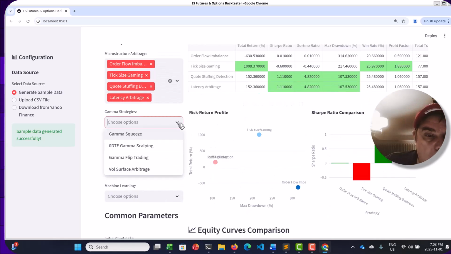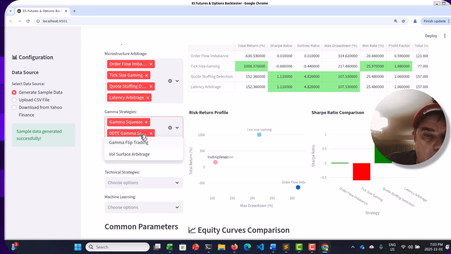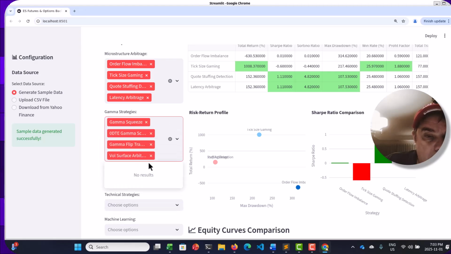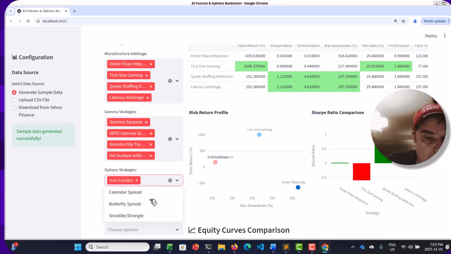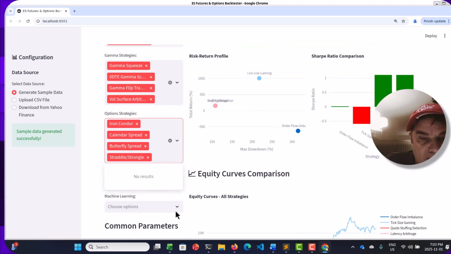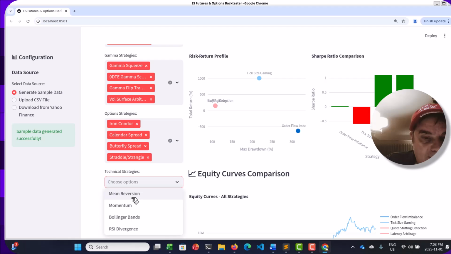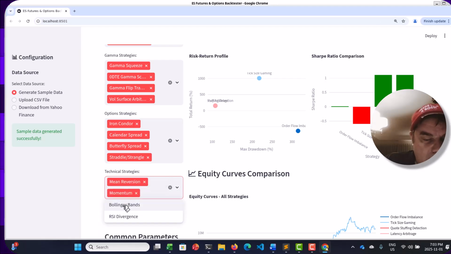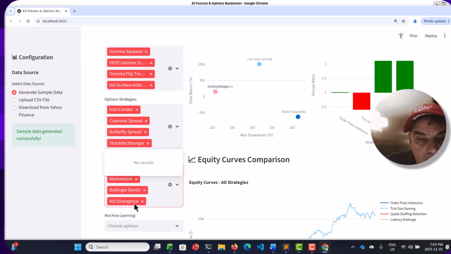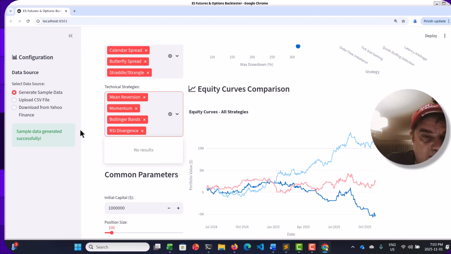Here I think we can add in all of the other strategies. So let's do that. We are going to add in everything on this. I'm just kind of like a wild animal. These are the different option strategies we can apply for this set. Technical strategies, mean reversion. This will look like a mess as we compare it. But again, this is just for demonstration purposes.